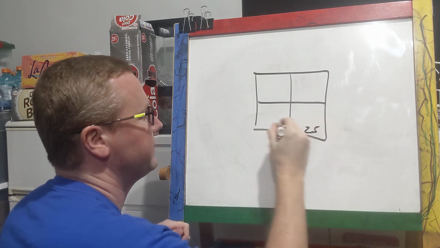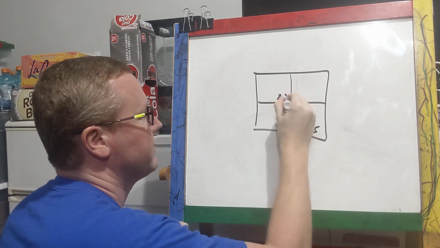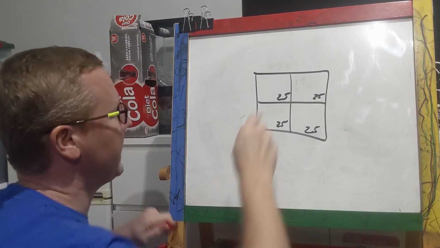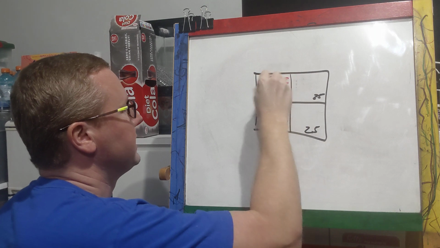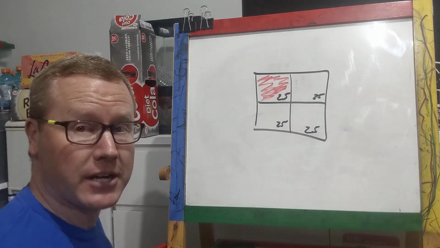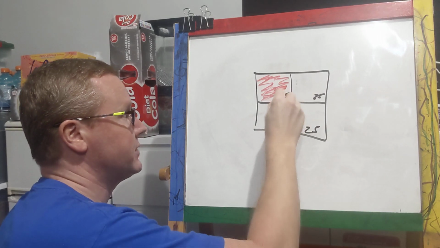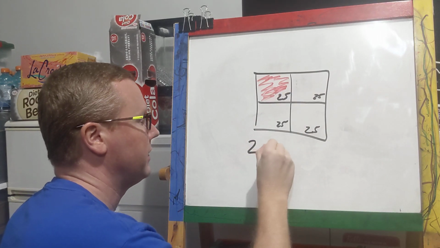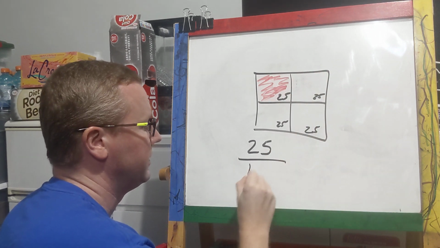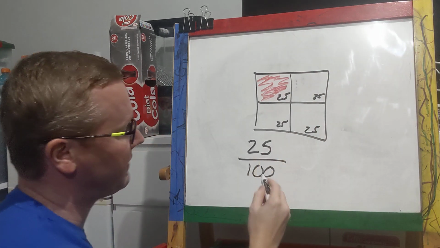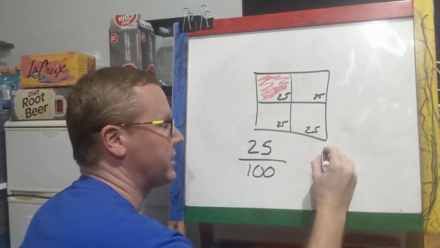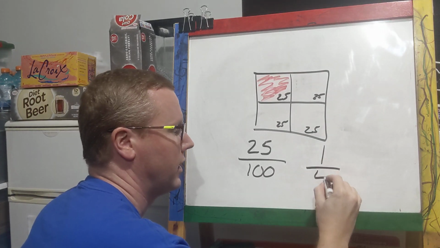So 25, 25, 25, 25. And I have all of these colored in. One fraction you could say is, since we have 100 total in here, we have 100 over 100. The reduced or smaller fraction is 1/4.